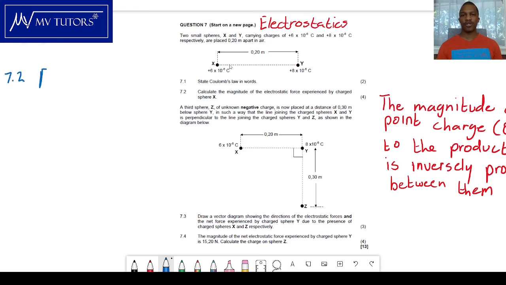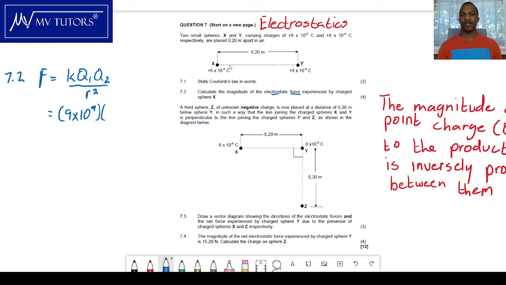Formula for force, because we are really calculating the force, so we know it's the electrostatic force. We know it already. The formula is F = kQ1Q2/r², Coulomb's law. Okay, so what is k? We already defined it, that it is 9 times 10 to the power 9.